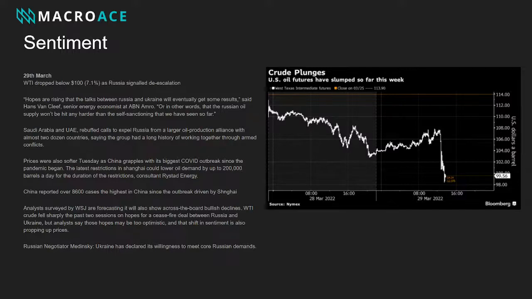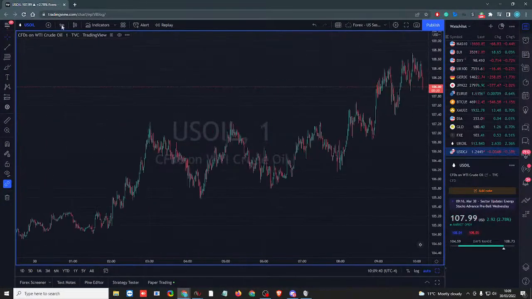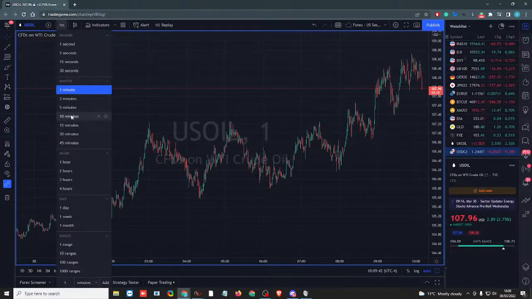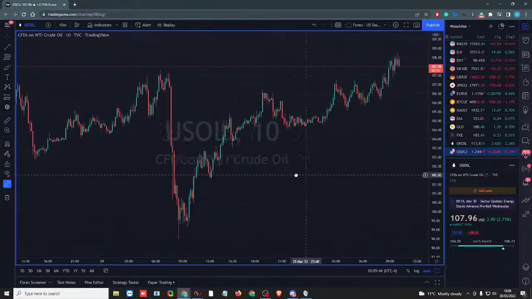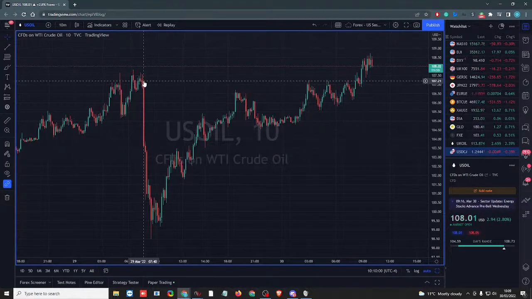So if we're looking at WTI crude oil today, if I bring it up here for you, actually if I put in a higher time frame so we get a clearer image. So that's the news yesterday, that Ukraine and Russia could have a discussion about Crimea and how that looks geographically over the next 15 years.